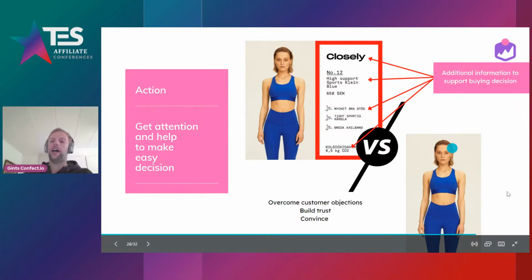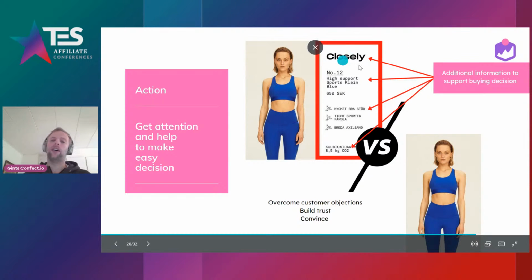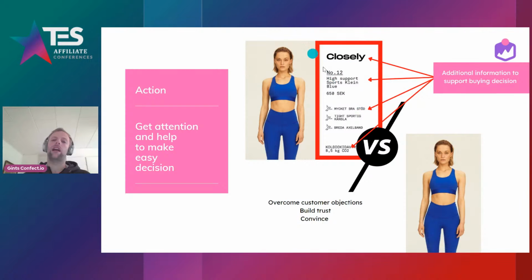So on this ad, for example, you don't know who actually advertises. Is it a brand you trust? Would you buy from it, or is it a competitor brand? So what Closely does here is they have their brand here. So even if you don't buy, you remember, hey, next time you want to buy this costume, you know where to get it.